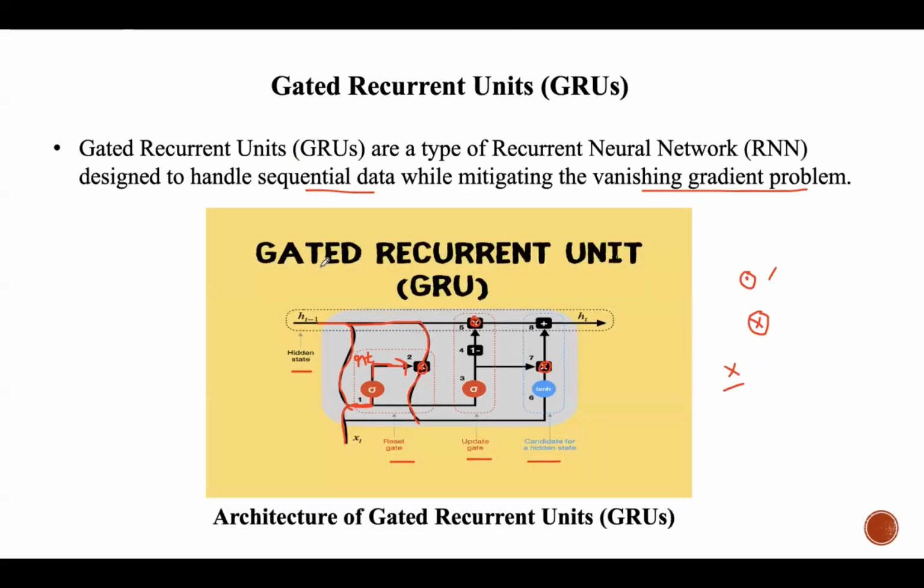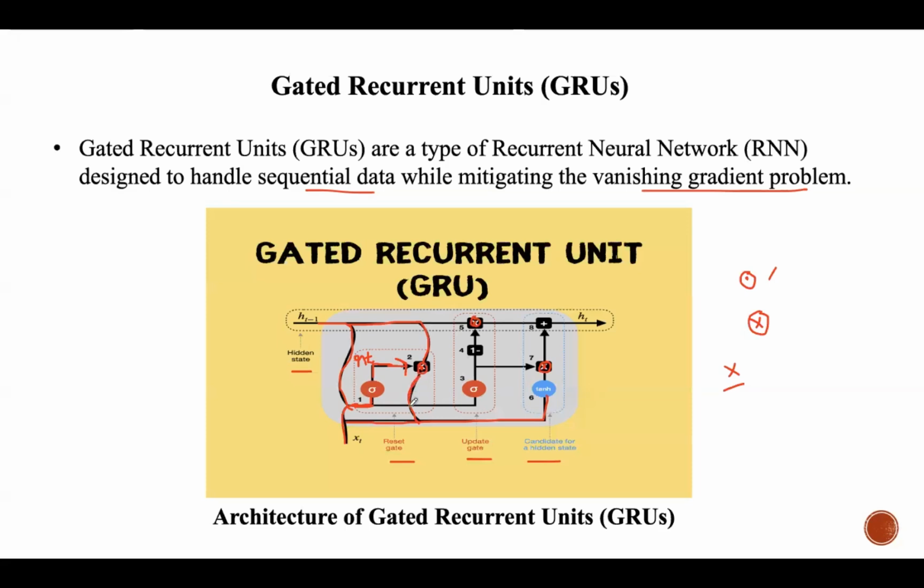In this image, what we did is we applied the tanh activation function. First take this value xt, and we got this rt, which is element-wise multiplied with ht minus 1.